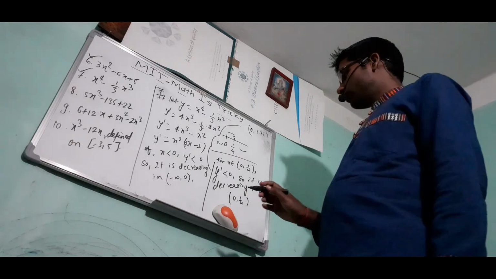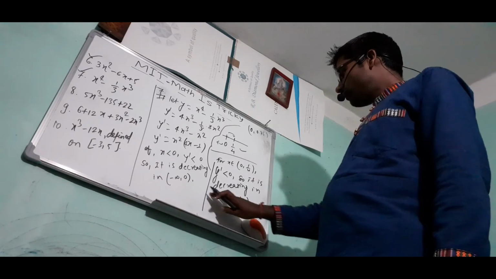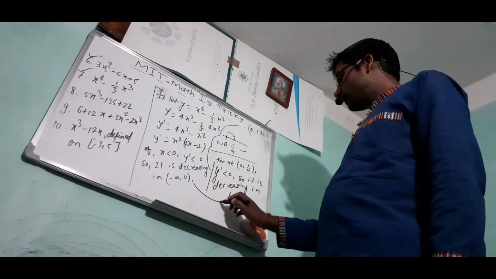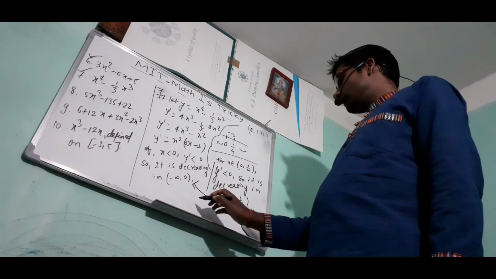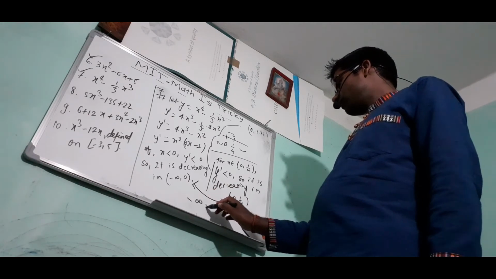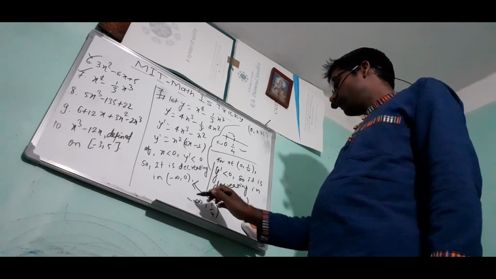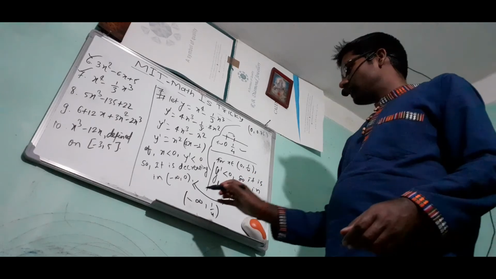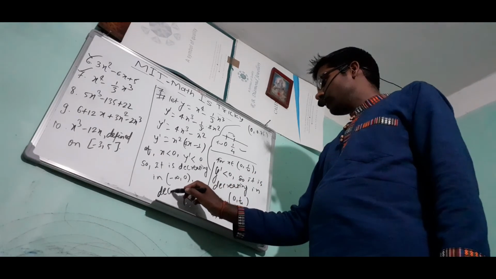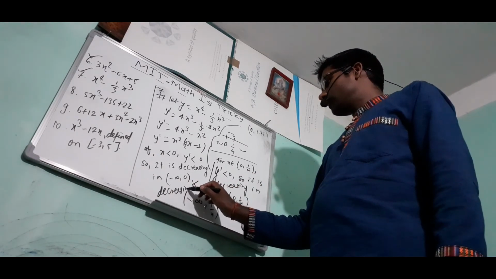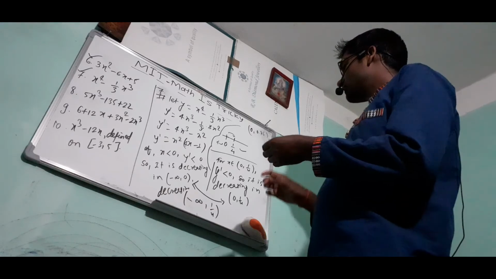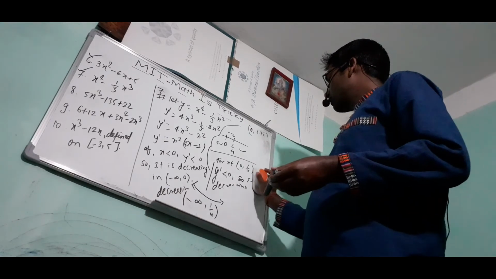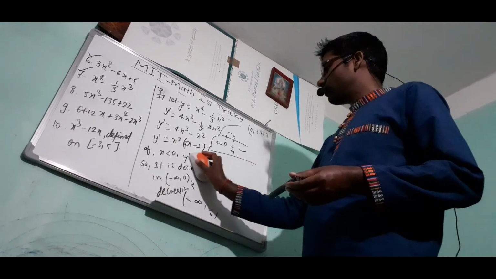Okay, so we can see here, if we combine these two, we can write it is decreasing in minus infinity to 1 by 4 also. Okay, so this is decreasing in this interval. Now for the last interval, if it is more than 1 by 4, what is happening?